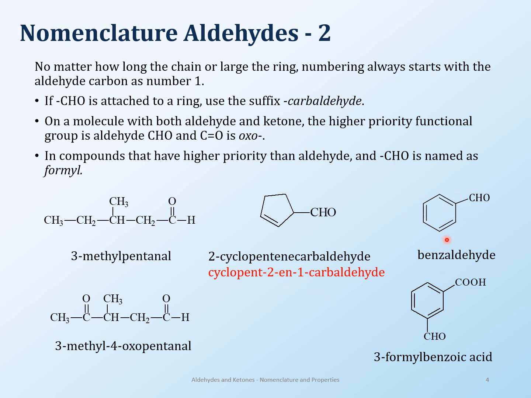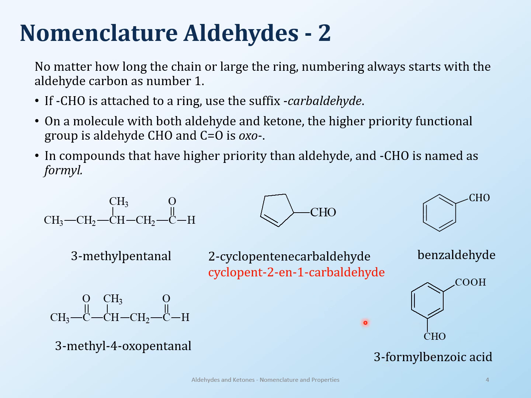Then here's benzaldehyde, which you have encountered before in aromatic compounds. But if you have an aldehyde and an acid, the acid takes precedence. And I know we haven't done acids yet, we will. But if you do have an acid and an aldehyde, then the acid takes precedence and the CHO group now becomes formyl. And if you're wondering why I'm trying to confuse you, I don't know.